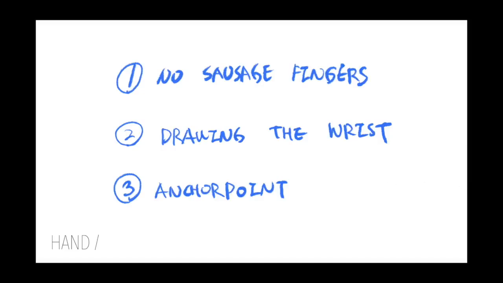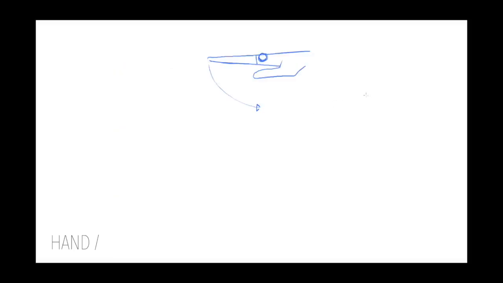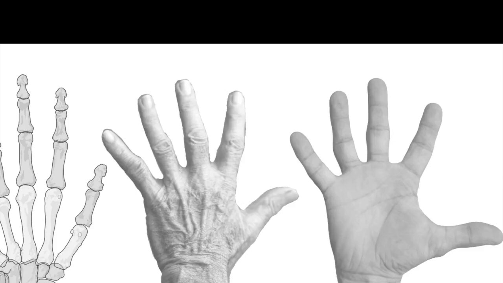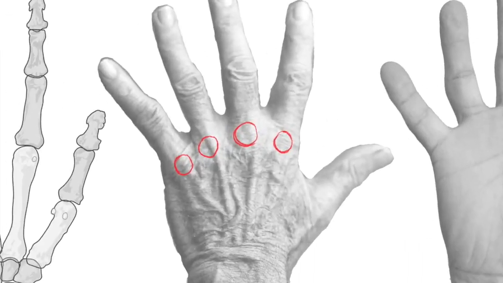Number 3 is the anchor point. This is a crucial thing. When you bend your fingers, there's an anchor point, the joint that bends your fingers, right? But because our fingers appear connected kind of above, many amateurs put the anchor point that way, when the anchor point is actually here.